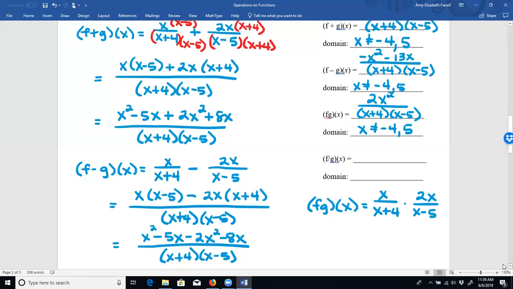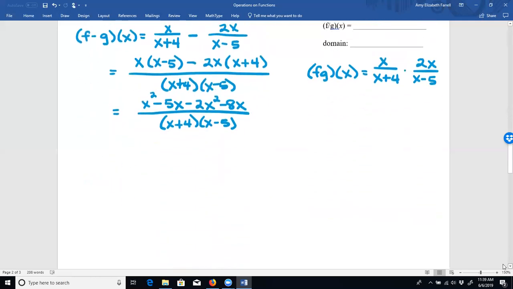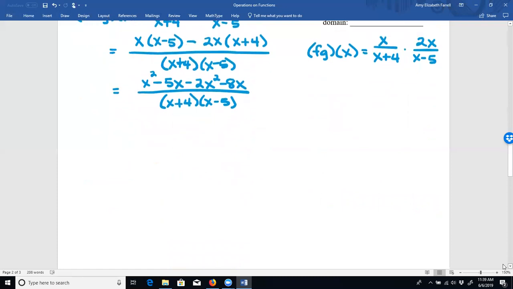Okay, division. f divided by g. This is when we put f on top and g on bottom. And of course, we're going to want to simplify that. We don't want to leave our answer like this.